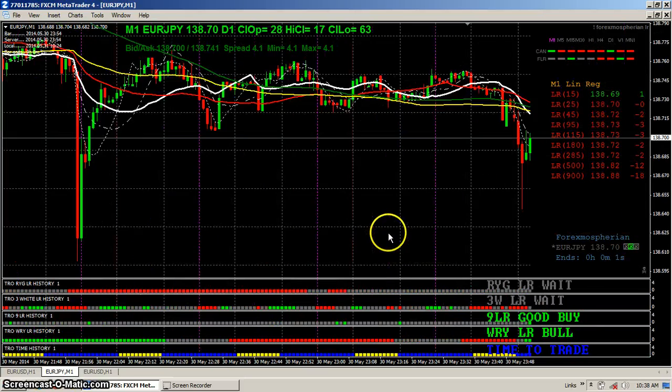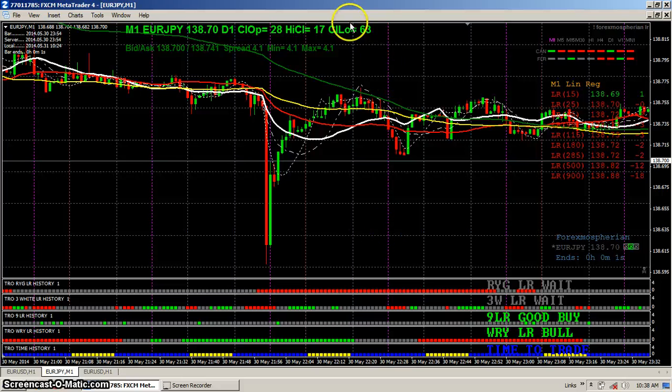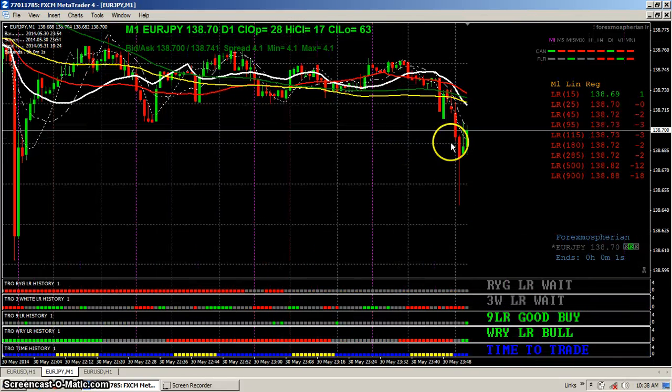And one other thing I'd like to mention, right here, I've noticed that your indicator works really well on the three whites if the close is within 20 pips of the low, 20 pips or less, and the same thing if the close is within 20 pips of the high. So you can see here it was pretty much near the top, and then bam, it got knocked down, pushed away from that high.